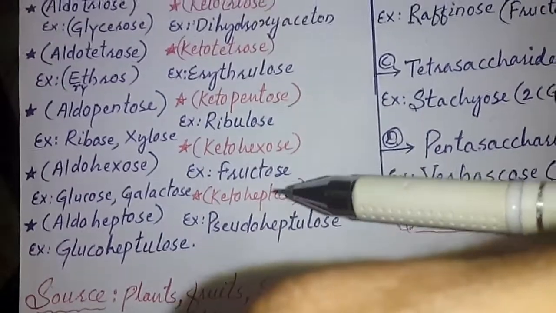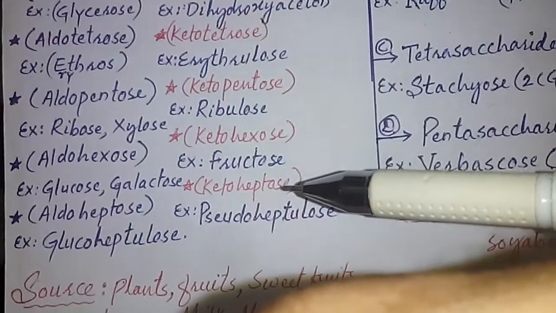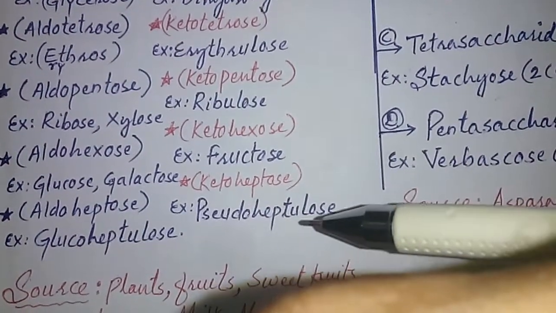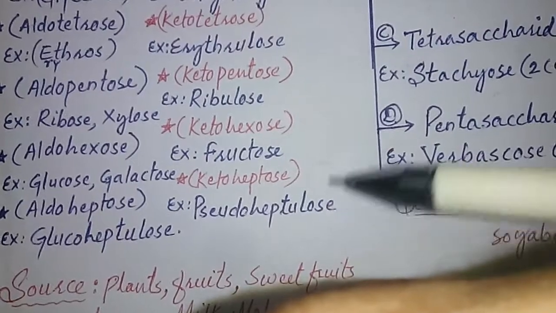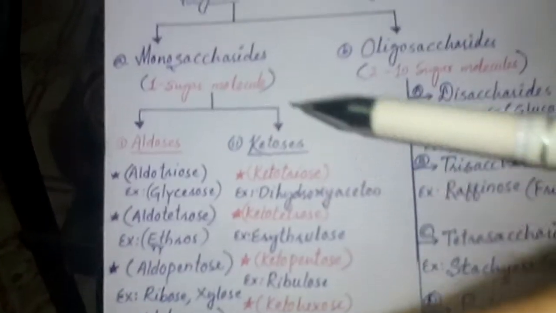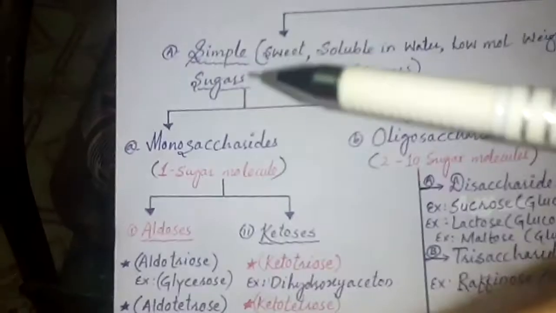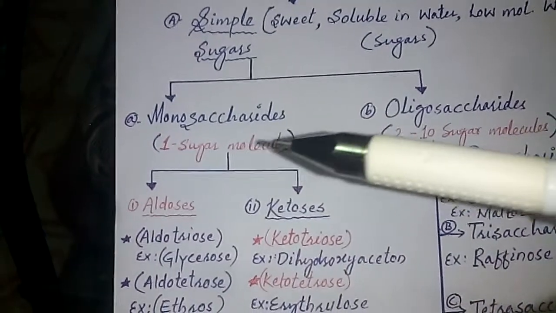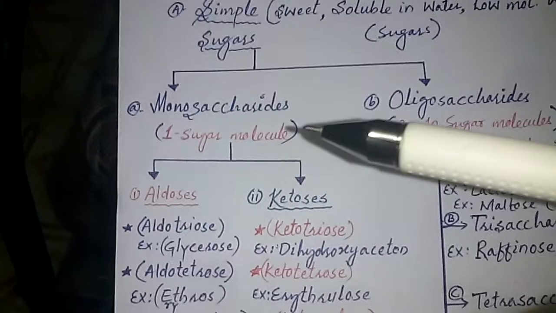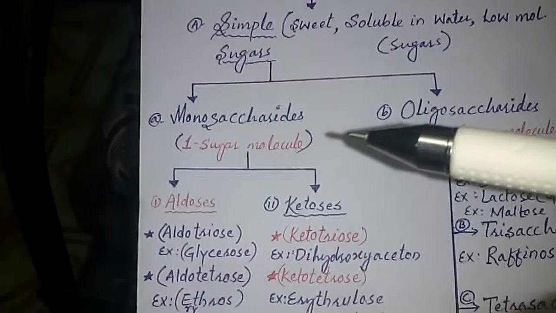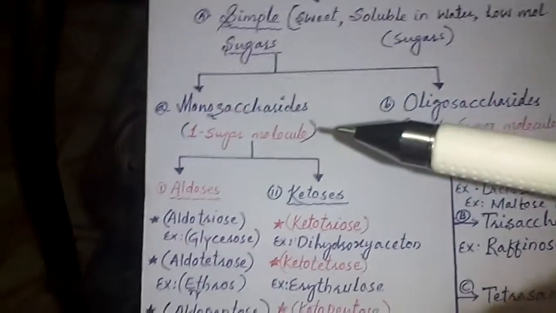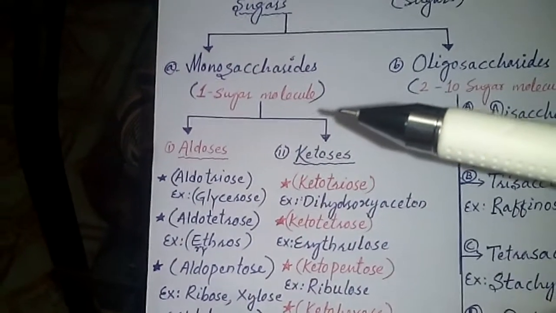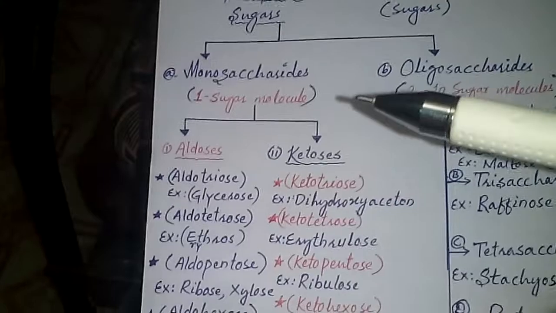Hepta means 7, and it is those type of ketoses which consist of 7 carbon atoms, and its example is pseudoheptulose. So this is about the monosaccharides, the first type of the simple sugar which contains only one sugar molecule. The lowermost type of the carbohydrates, which cannot be further hydrolyzed into its smallest unit.